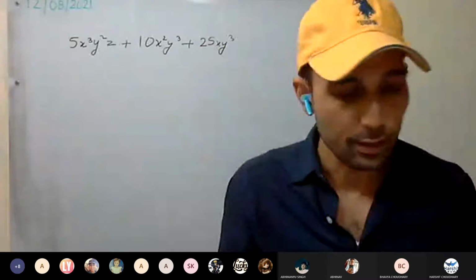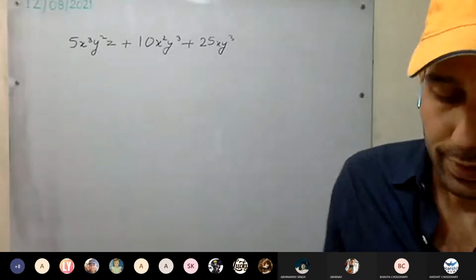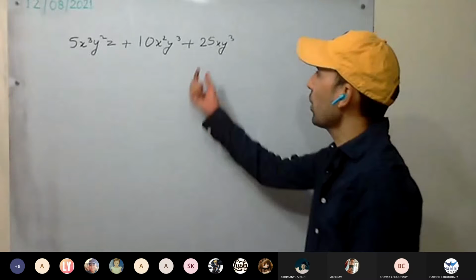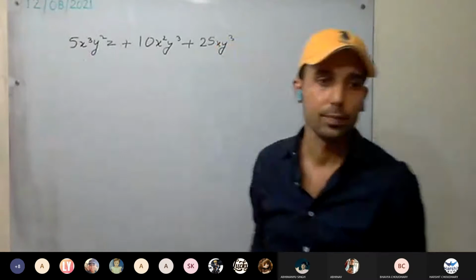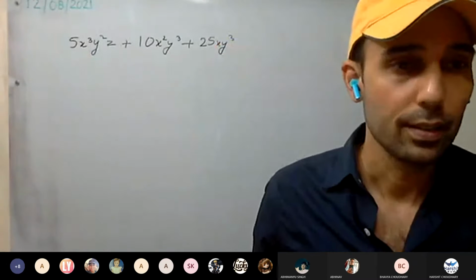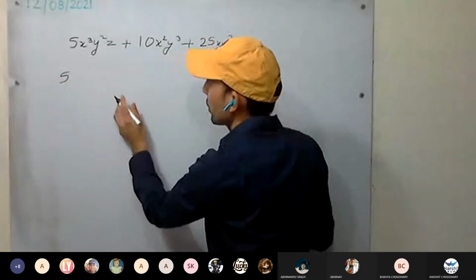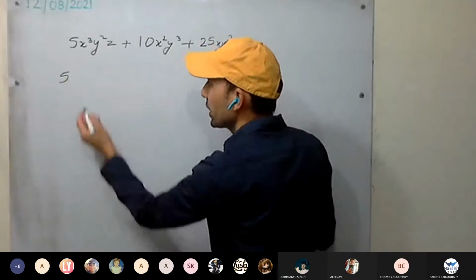Okay, so what is common there? 5 is common. We can take 5 out. Okay, we are doing it in steps.